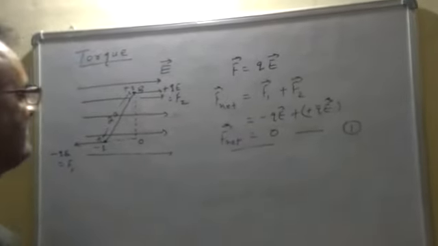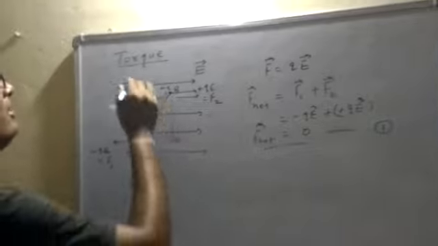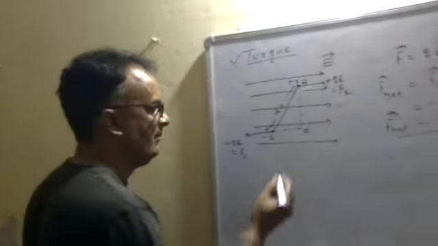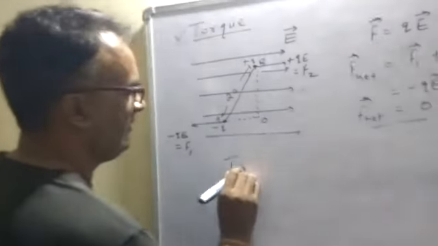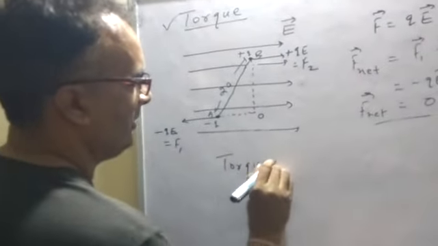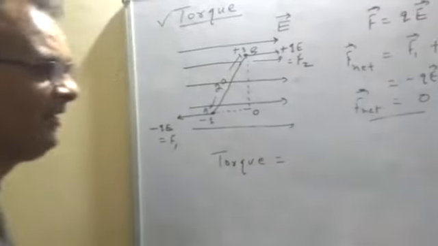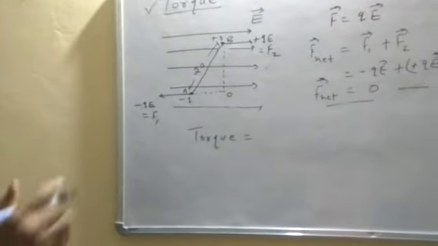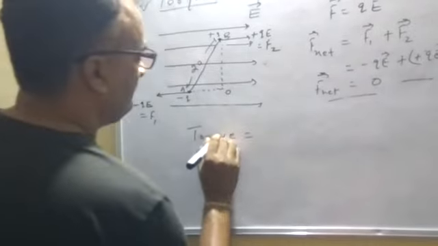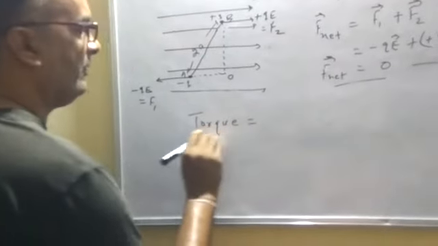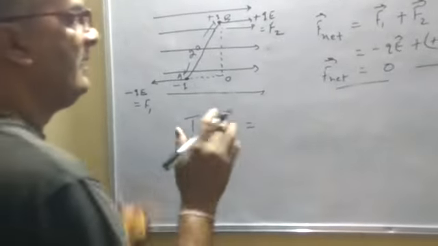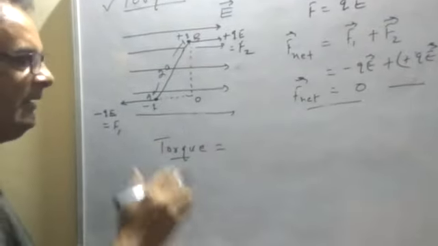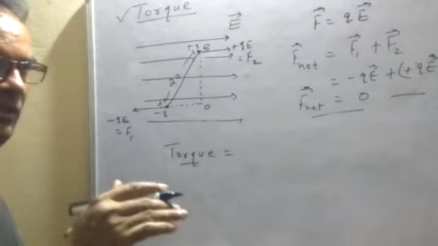Next, we are talking about electric torque. What is torque? By the definition of torque, it is the magnitude of force multiplied by the perpendicular distance between the two forces.